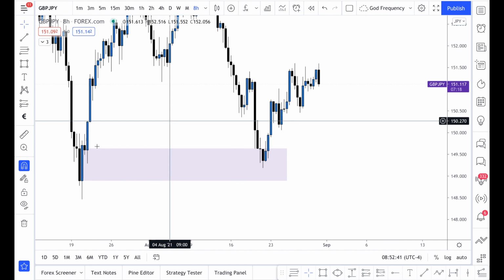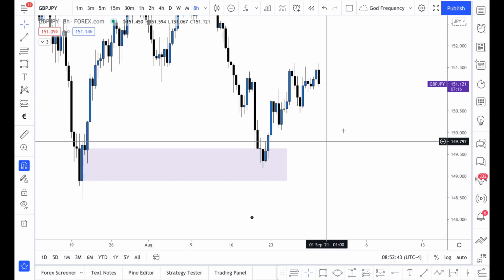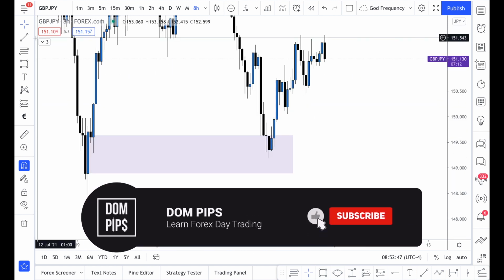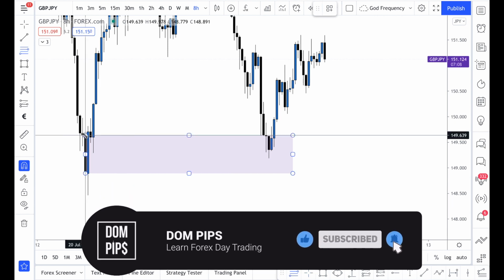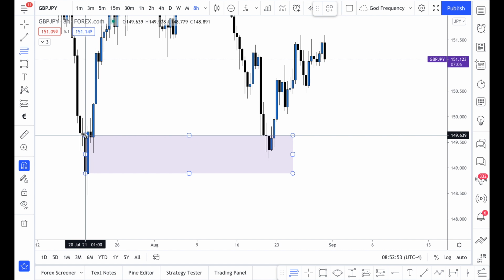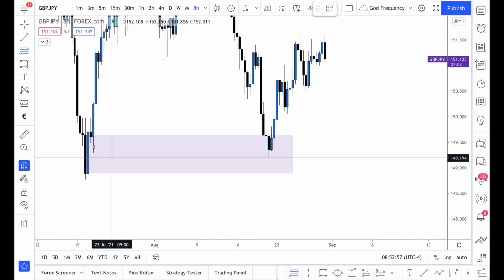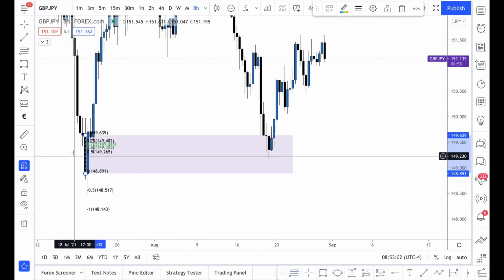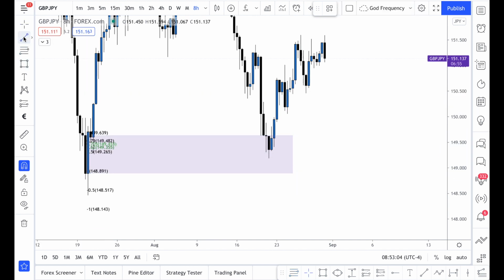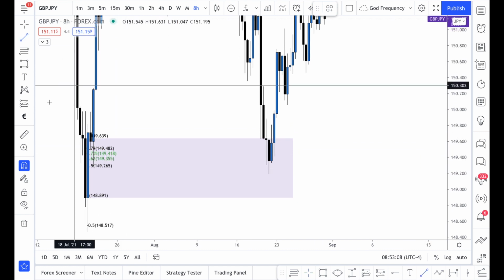But what I've noticed about these order blocks is the mean threshold of that order block, what I mean is measuring the open to the close of that candle with the Fibonacci. You're going to measure out the 50% level, okay? And here is a perfect example of just that.